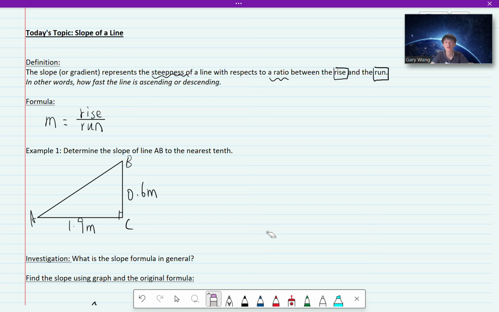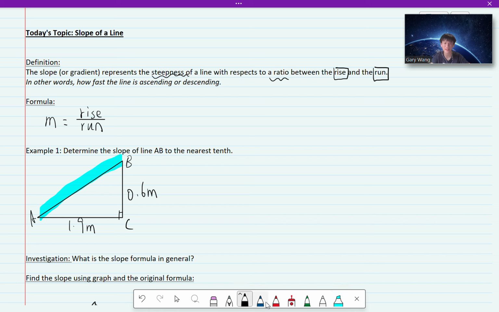So let's take a look at an example to talk about what is rise and what is run. Example number 1. Determine the slope of line AB, or line segment AB, to the nearest tenth. So we can see that the slope we are looking for is for this line segment right here.